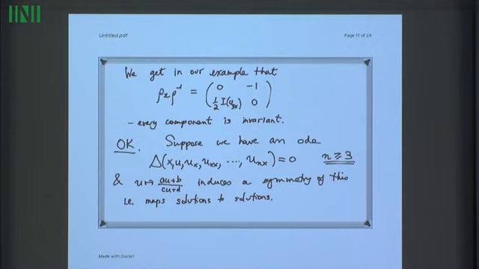Okay, so why is this so great? Suppose we have an ODE, and this action induces a symmetry of this ODE. In other words, it maps solutions to solutions, and the order is greater than 3.